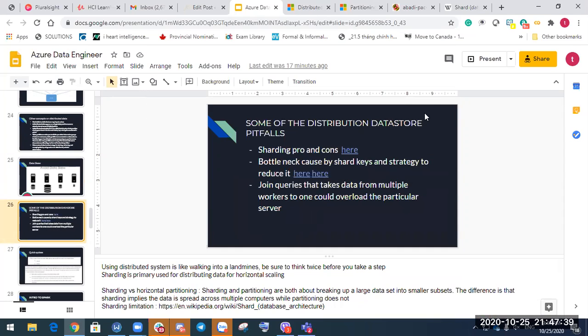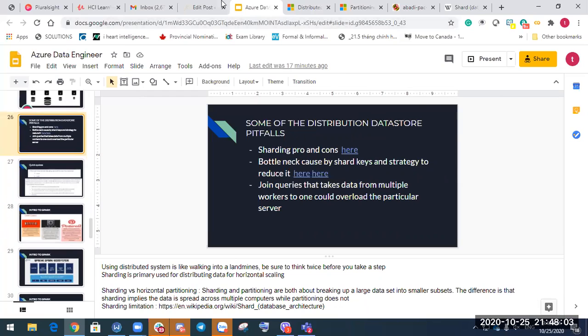So again, some pitfalls of distribution systems. I believe Harris and Julie were already in my Spark training, so you guys are already aware of this, but it's basically about sharding pros and cons, the sharding key, and how to avoid the bottleneck on this.